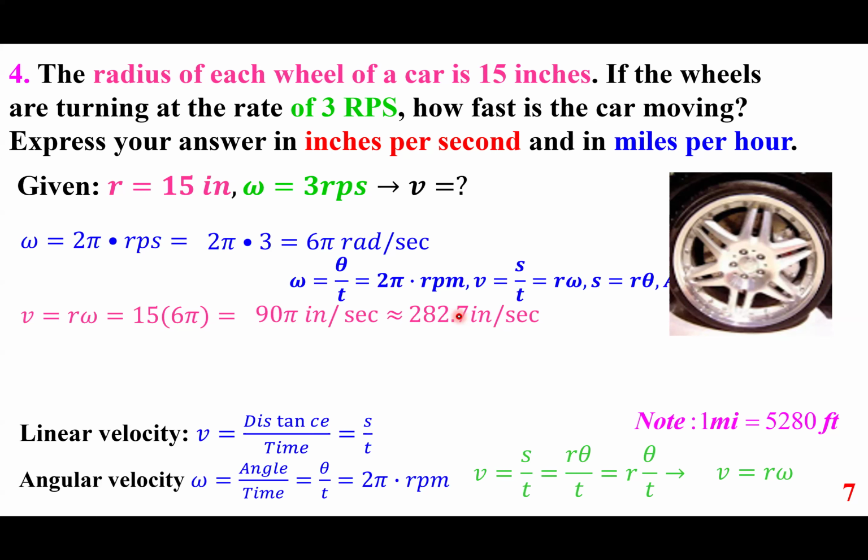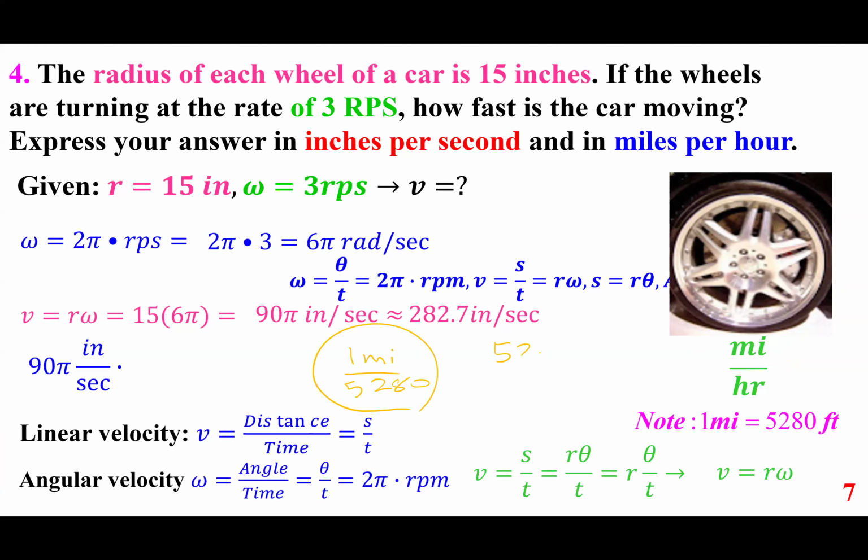So we have 90 pi inches per second, and we want to take it to miles per hour. They want miles per hour. Well, we know 1 mile is 5,280 feet. And I want to remind you, when it comes to unit conversion, class, if you write 1 mile over 5,280 feet, this is 1.